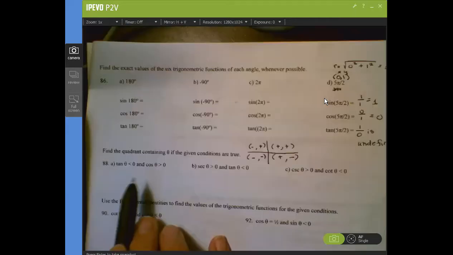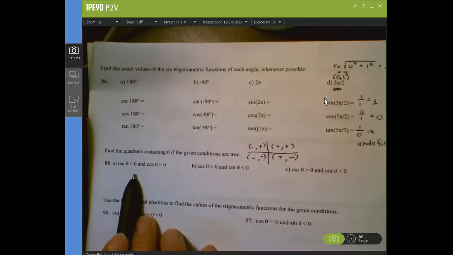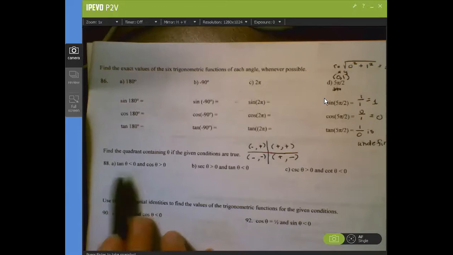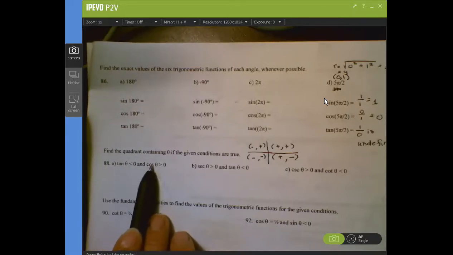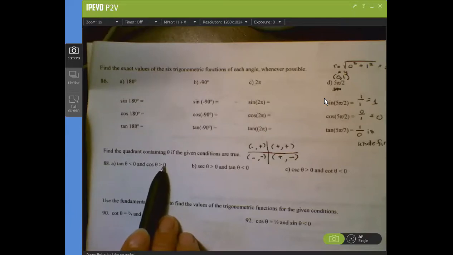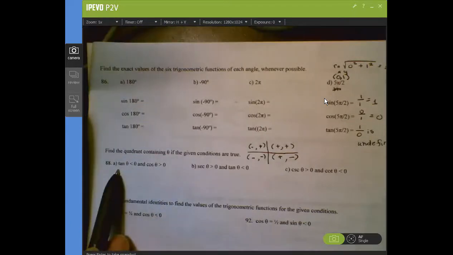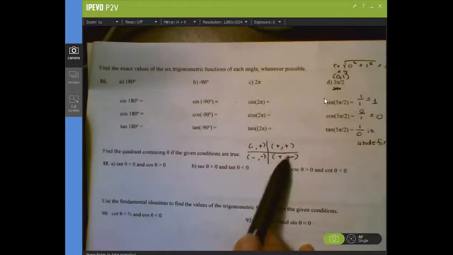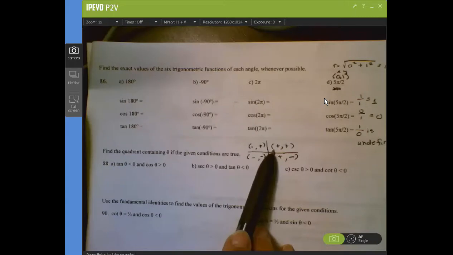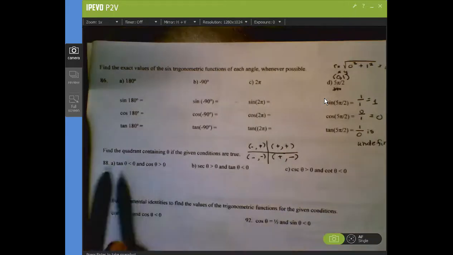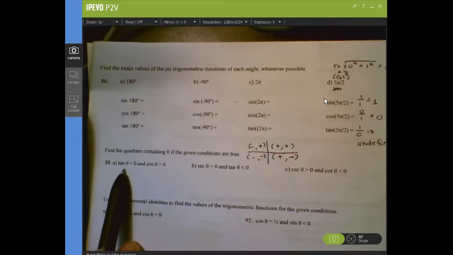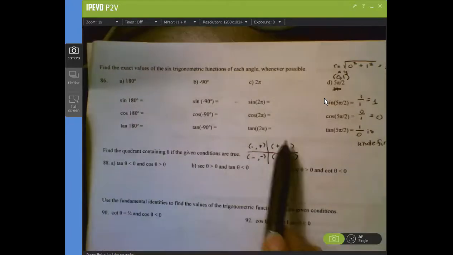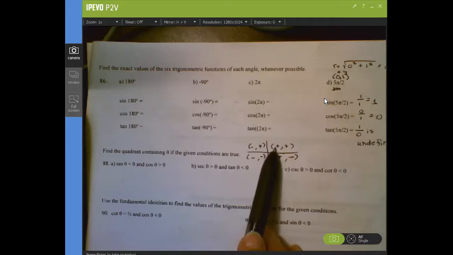So we're trying to find what quadrant theta has to be in for the A part if tangent is negative and cosine is positive. You're going to think tangent is y over x, and in the first quadrant, y over x would give you a positive.